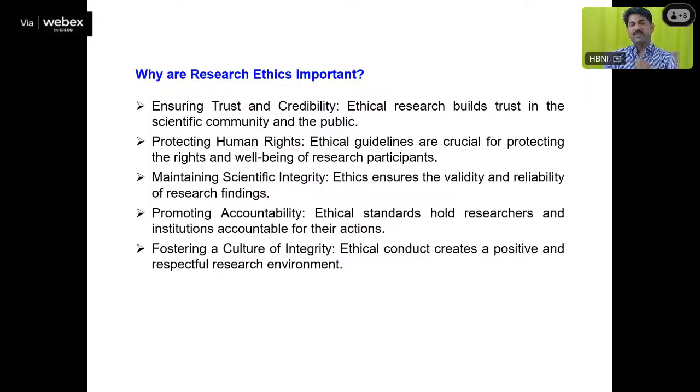Because if there is validity and reliability, everybody will appreciate that this group of researchers is doing good things, and so it will create a positive environment. Whenever there is a positive environment, it will be very fruitful, and more productive research outputs can be obtained from it.